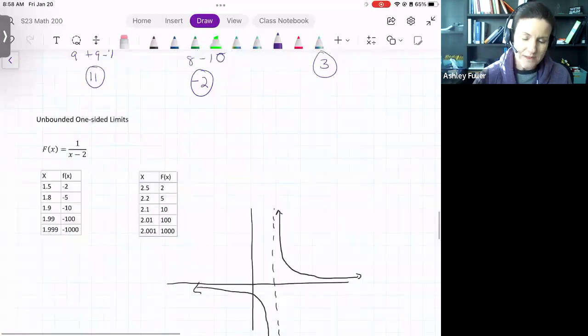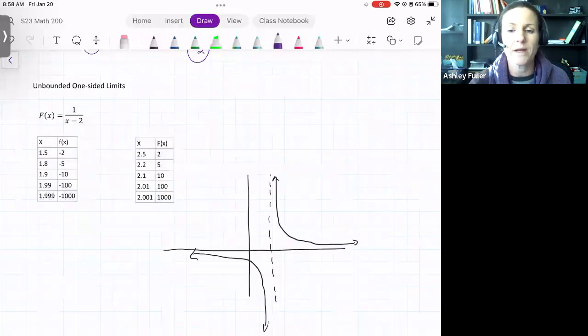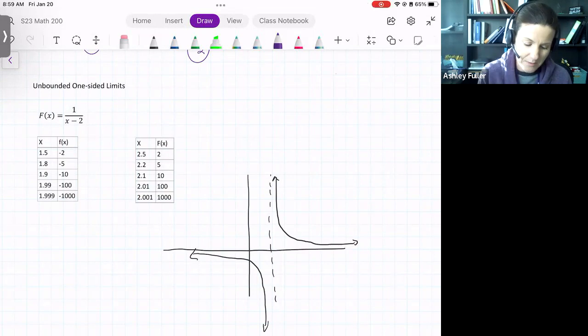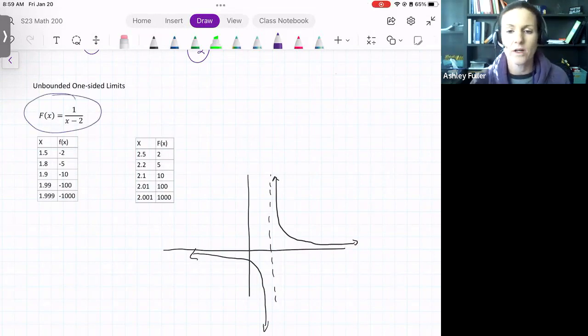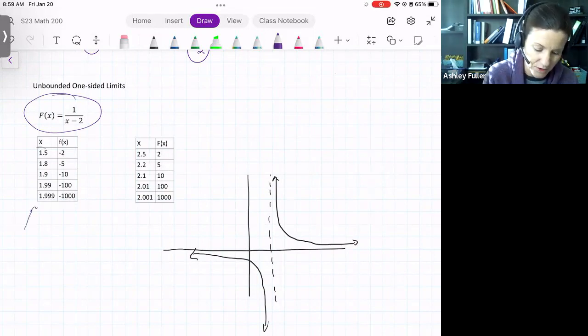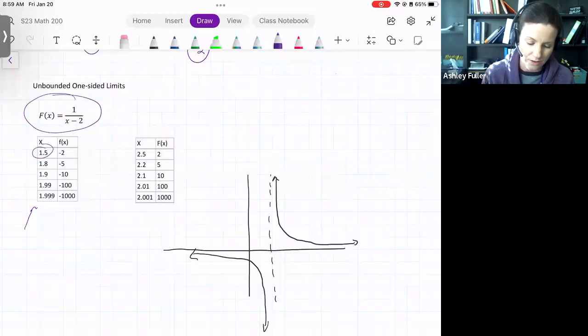Now let's consider one last opportunity here where we have an unbounded limit. Take, for example, this function here, 1 over x minus 2. What happens as x gets very close to 2 from the left? Again, we're starting at, say, 1.5 and getting closer and closer to 2. Notice this number is going to keep getting bigger and bigger and bigger.